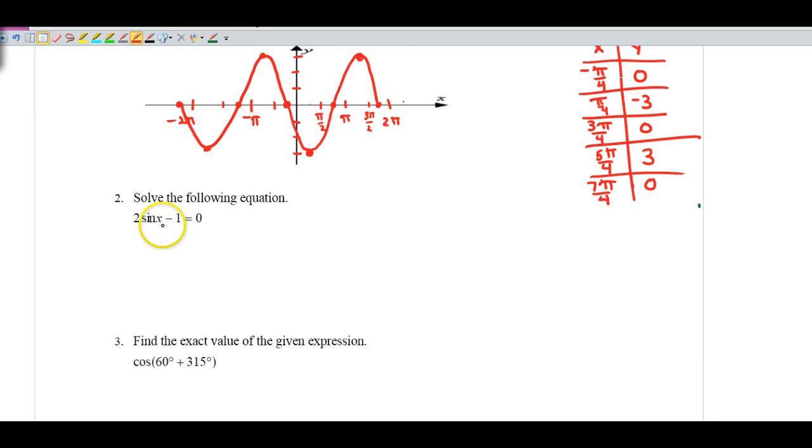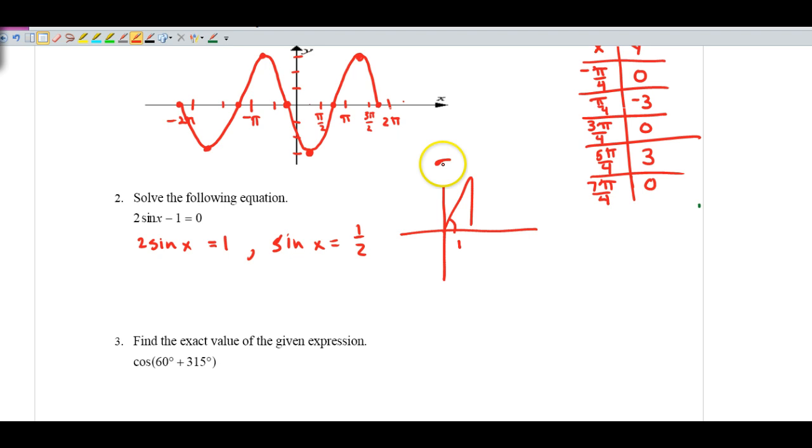Number 2 is equation 2 sine x equals 1. The first step: sine of x is equal to 1/2. And that happens at pi over 3. Right, this is 1.